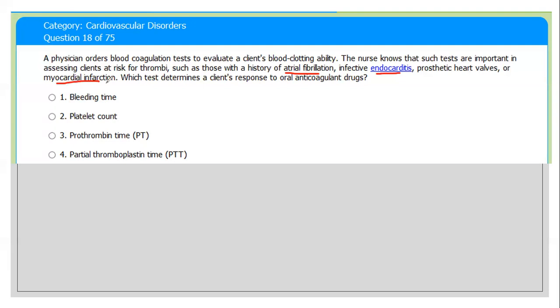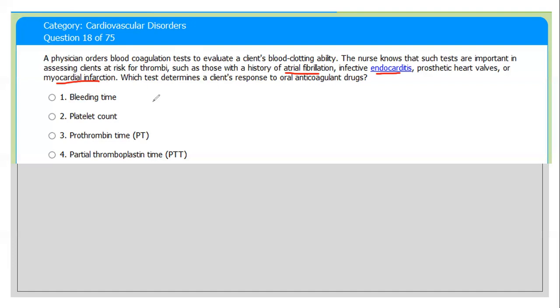Myocardial infarction, commonly known as heart attack, occurs when the blood flow decreases or stops to the coronary artery of the heart, causing damage to the heart muscle. The most common symptom patients present with is chest pain or discomfort, which may travel into the shoulder, left arm, back, or left side of the neck and jaw.